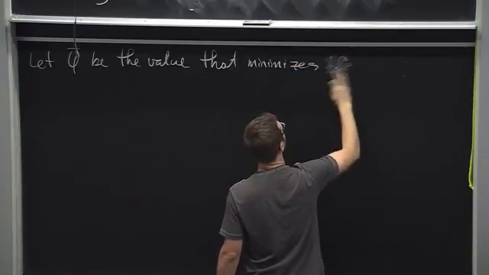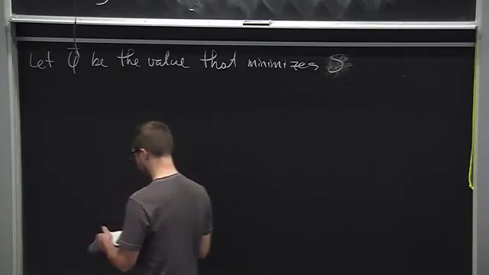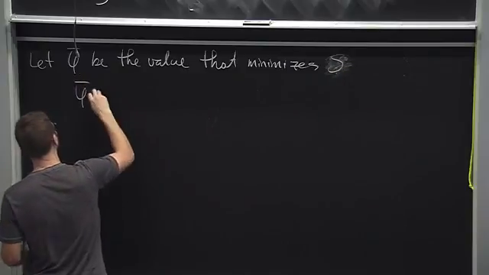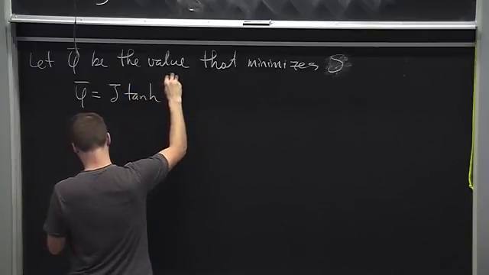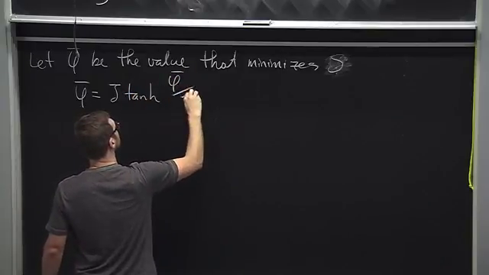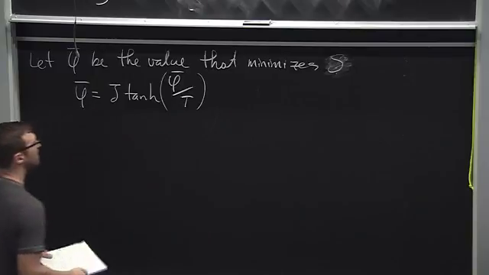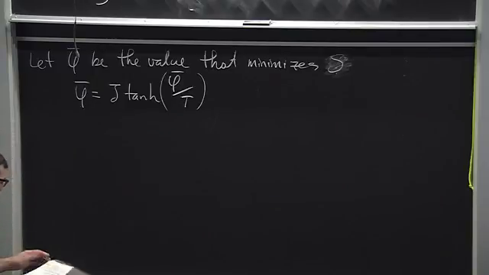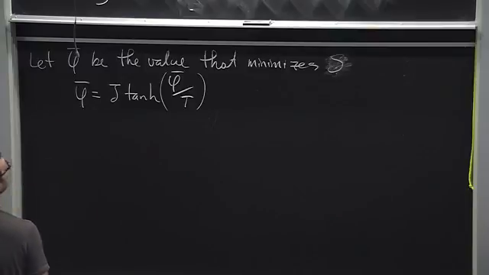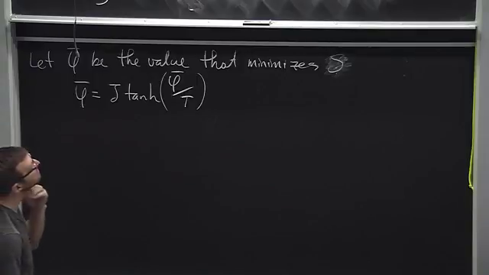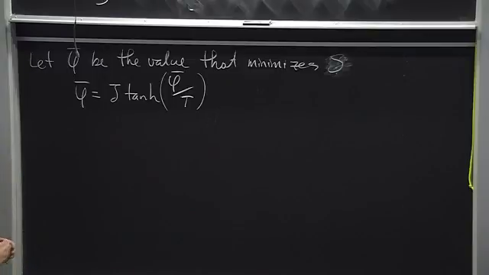It minimizes the action S. Okay, and so one important thing that we can see from this is we can relate this functional S, or in this case, this function S, to a free energy.